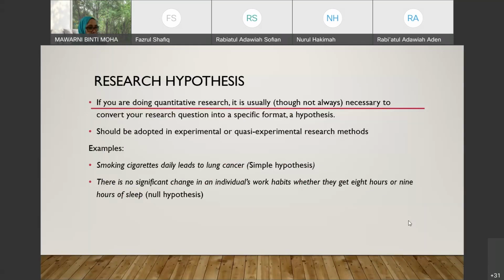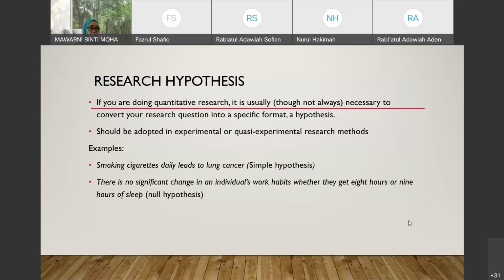A research hypothesis is a statement created to speculate the outcome of the research. For example, smoking cigarettes daily leads to lung cancer. That's a simple hypothesis. Or there is no significant change in an individual's work habits, whether they get 8 hours or 9 hours of sleep. That's a null hypothesis. So it depends. If you want to put the hypothesis, you can consult your supervisor.